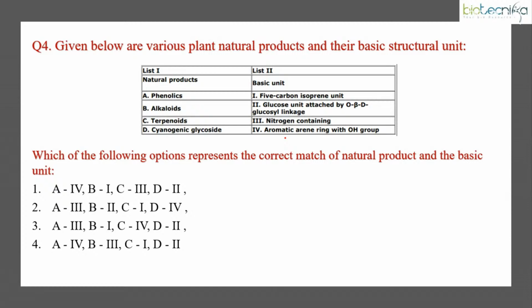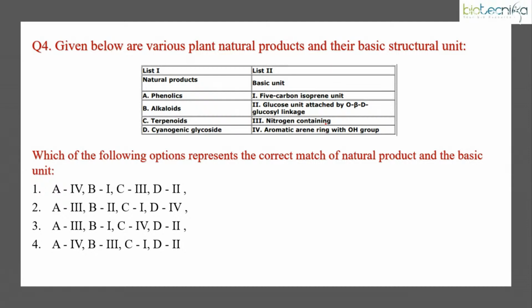What should be the correct combination over here? Phenolic compounds, alkaloids, terpenoids, cyanogenic glycoside. On the other hand, you have 5 carbon isoprene unit, glucose unit attached by O beta D glucosyl linkage.